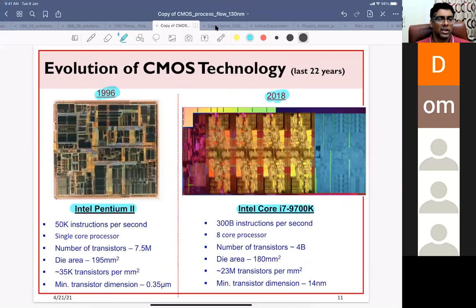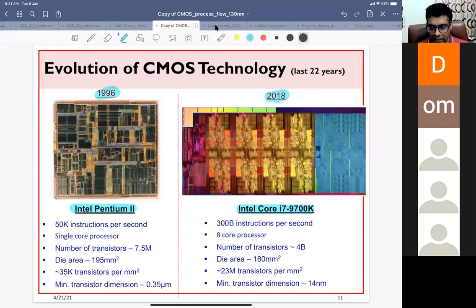I used this slide because in 1996 I used my first computer, and my first computer had an Intel Pentium 2 processor. I was in BTech second year at that time, and I was exposed to the computer. We heard that this has an Intel Pentium 2, with no idea what Intel Pentium 2 was at that time. We just used it.